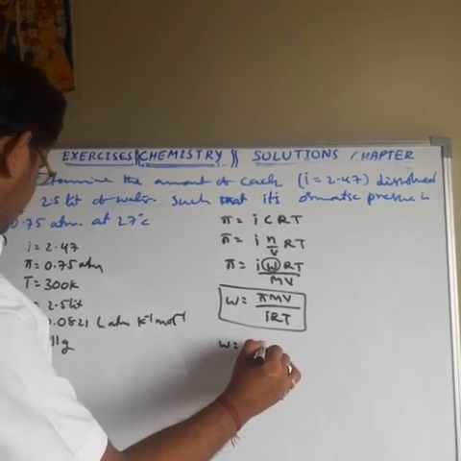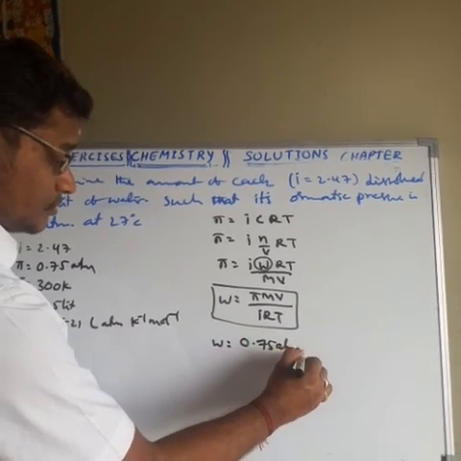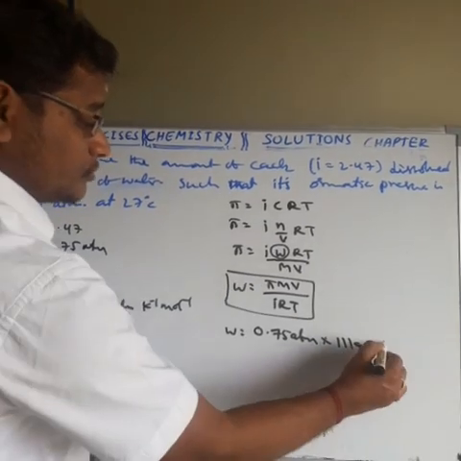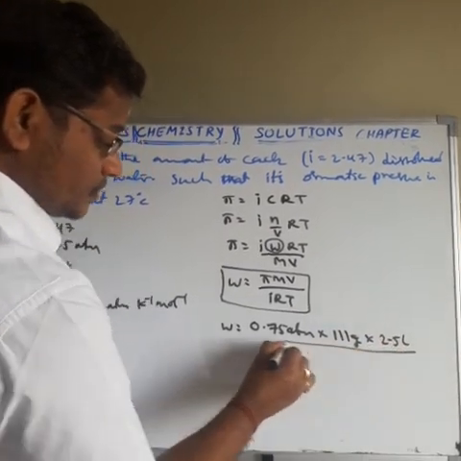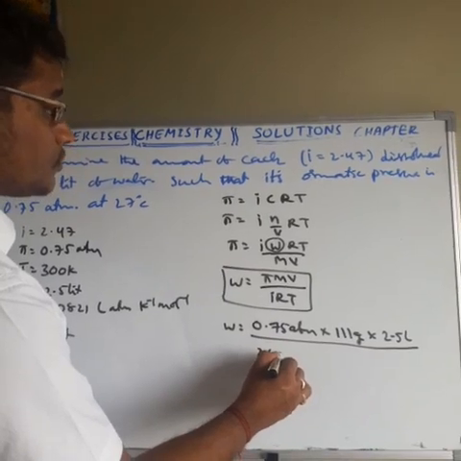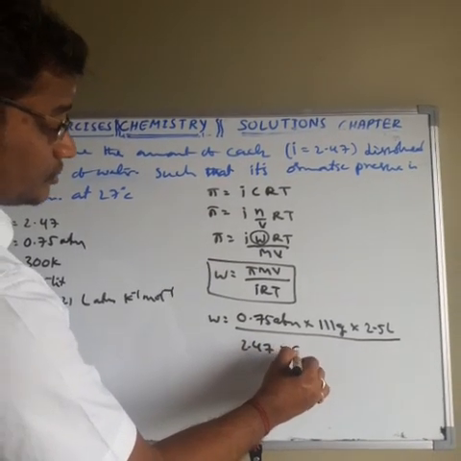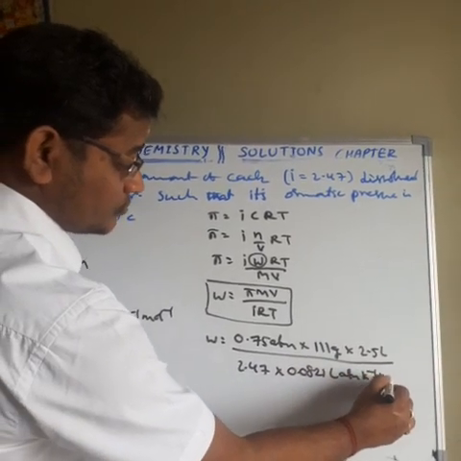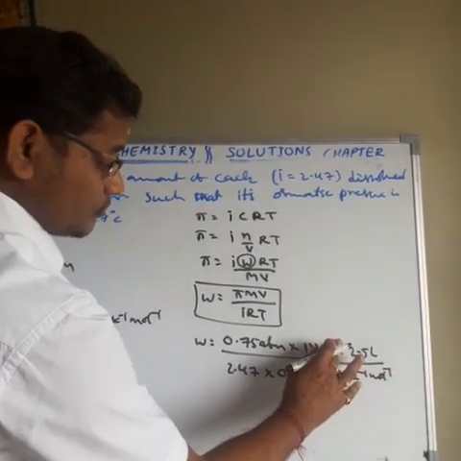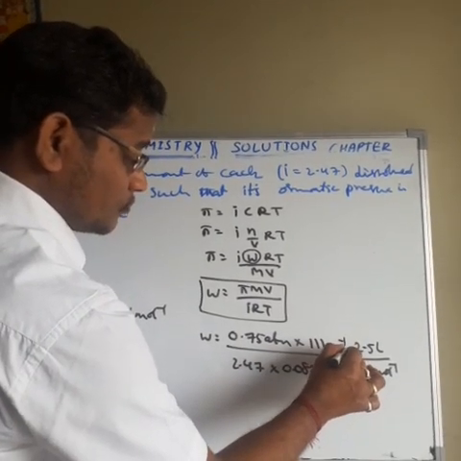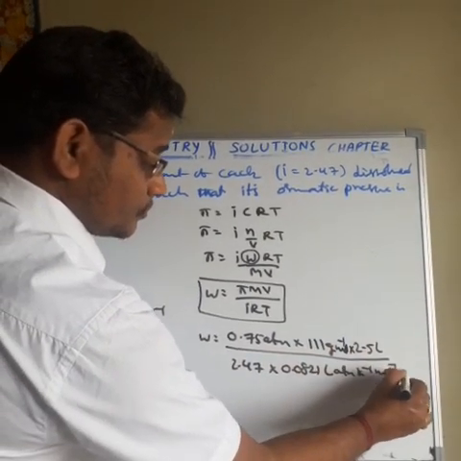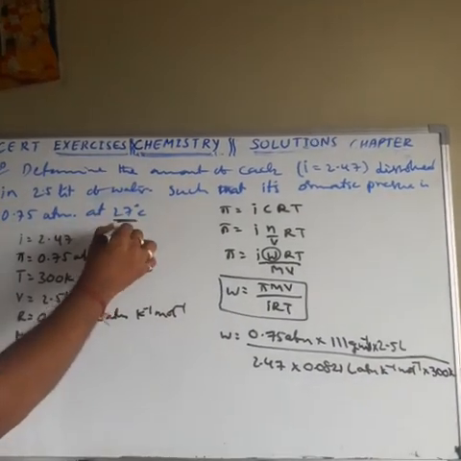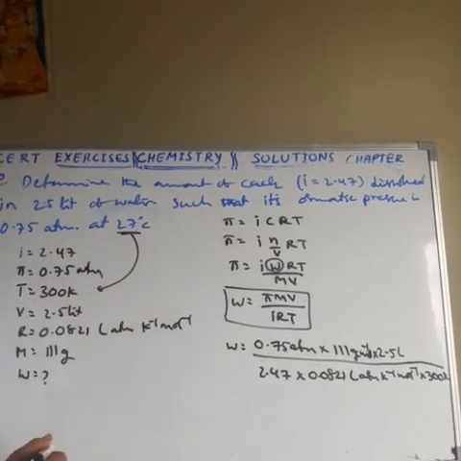Pi value 0.75 atmosphere into molecular weight 111 grams into volume 2.5 liters divided by i value 2.47 into R value 0.0821 liter atmosphere Kelvin inverse mole inverse. So here gram mole inverse, molar mass gram mole inverse, into 300 Kelvin. Why 300 Kelvin? 27 Celsius degrees is converted into Kelvin: 300.